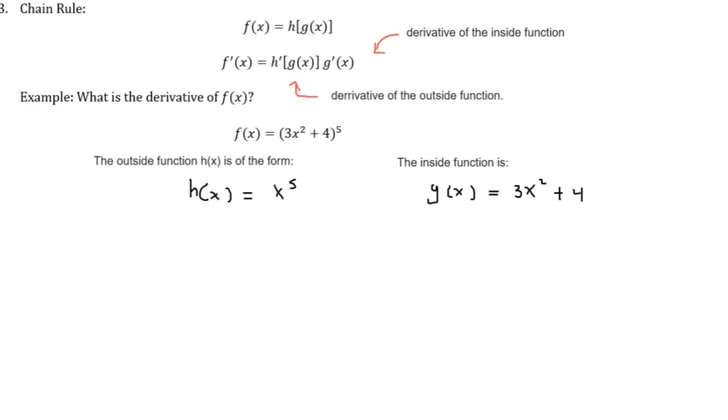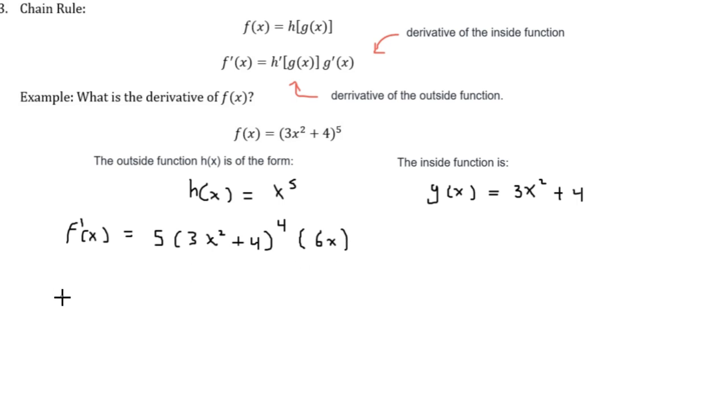So now we can just apply the rule. F prime of x, the derivative of f, is equal to the derivative of the outside. So we're going to pull down this 5 in front, and 3x squared plus 4, the inside stays the same, and 5 minus 1, so we have an exponent of 4, times the derivative of the inside function, which is 6x.